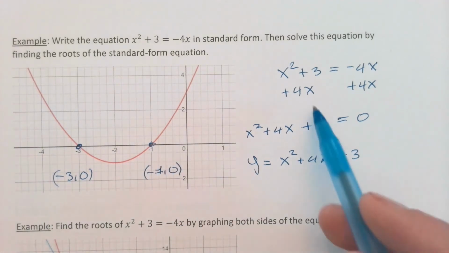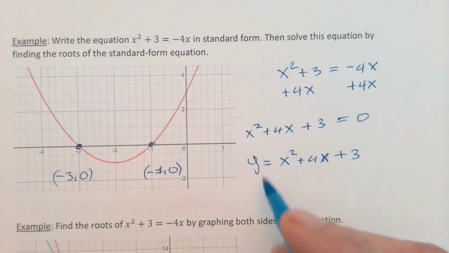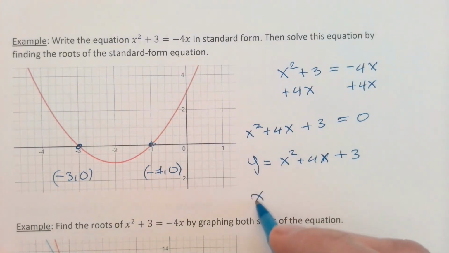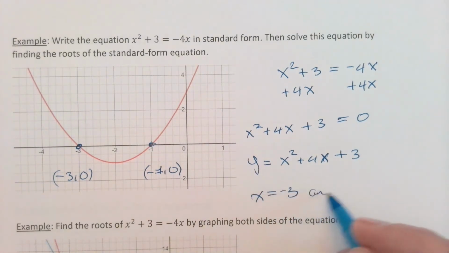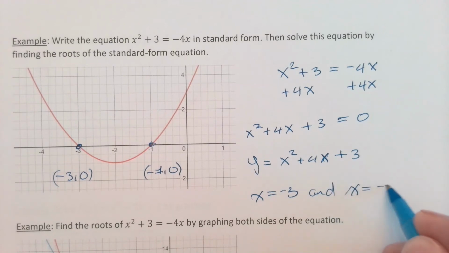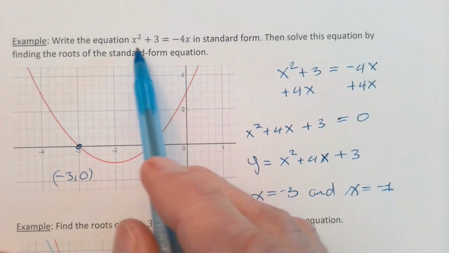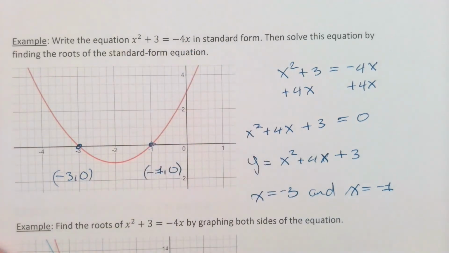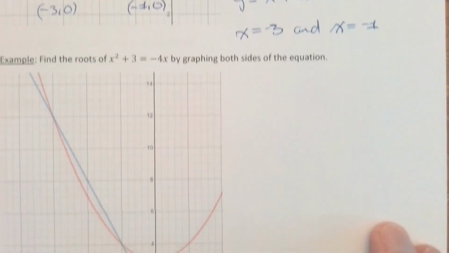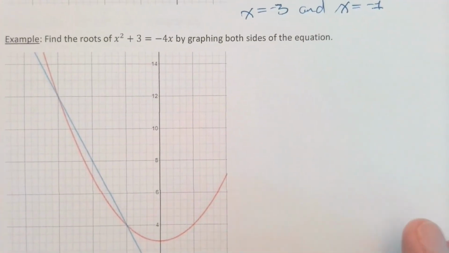And so the roots to this equation, the solutions to that equation, are x equals -3 and x equals -1. Now, these are also the solutions to the equation given to us originally in the problem. And you can verify that, but we've done a lot of verifying today, so to keep this video short, we're going to keep moving.